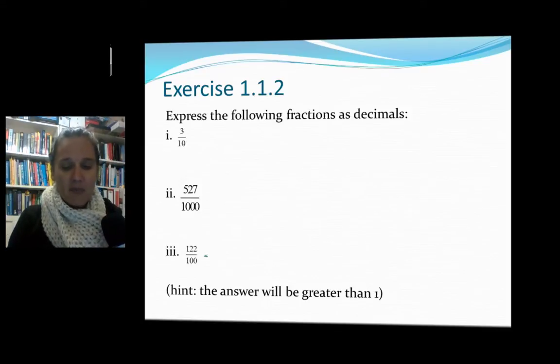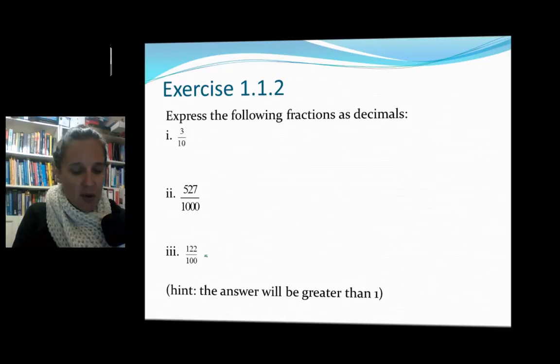So exercise 1.1.2. We want to express the following fractions as decimals. So here for 1, we have 3 tenths. And we think about it, well, here, our decimal place, we have 3 in our tenths position. So 3 tenths becomes 0.3. Next, 527 on 1,000. So we put our decimal place in.